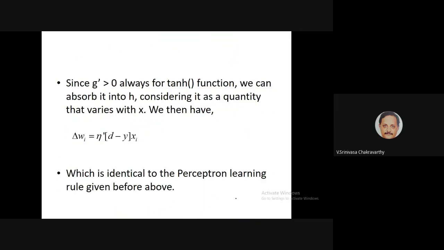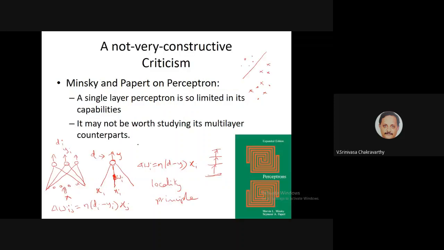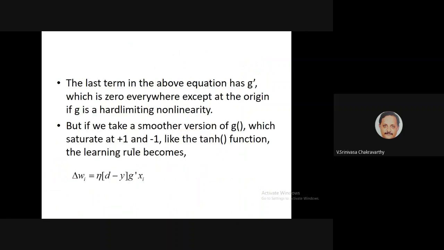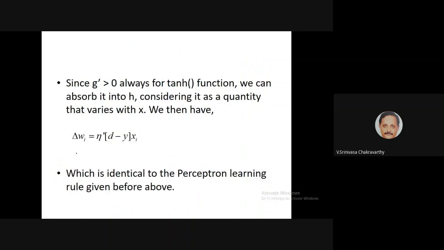That gives the final update rule: delta wi is eta times (d minus y) times xi, and similarly for delta b, it is minus eta times (d minus y). These are called the Perceptron learning rules.